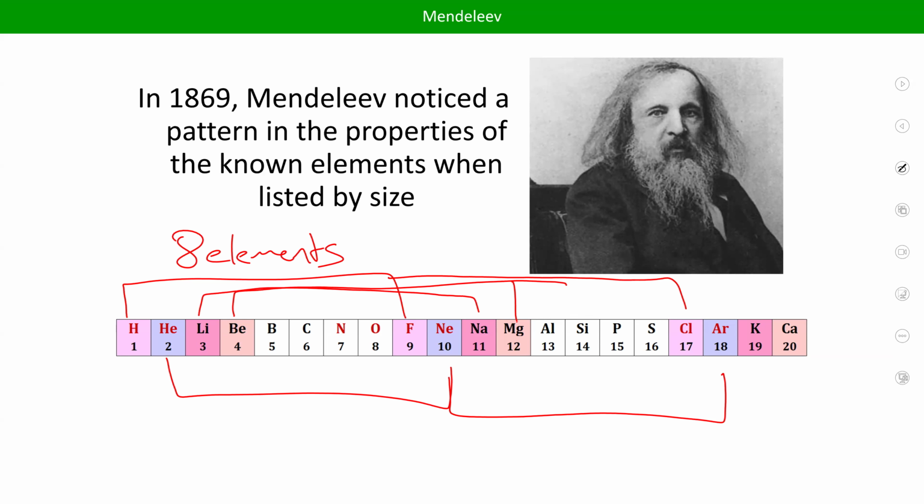Right, so Mendeleev's big contribution was he said, okay, well, what if I put all of these elements that have the same properties into columns? So I'm basically gonna, when I get to neon, I'm gonna take this and put it underneath over here. And then I'm gonna take another set of 8 elements starting at potassium and put them underneath over here.